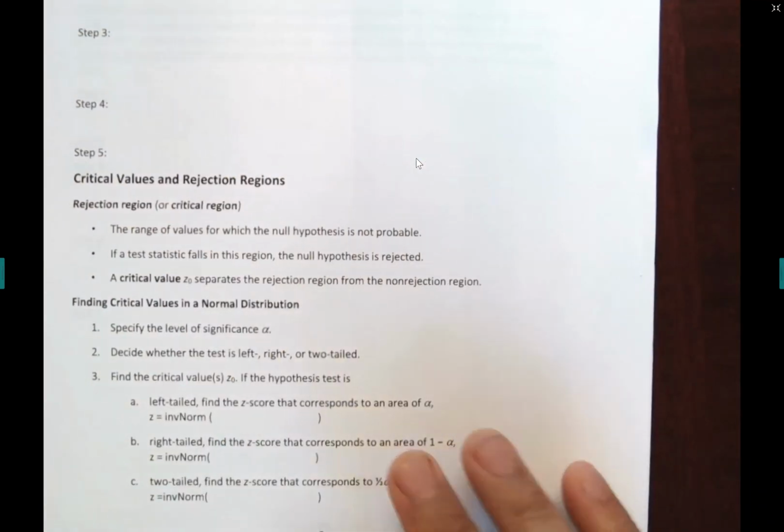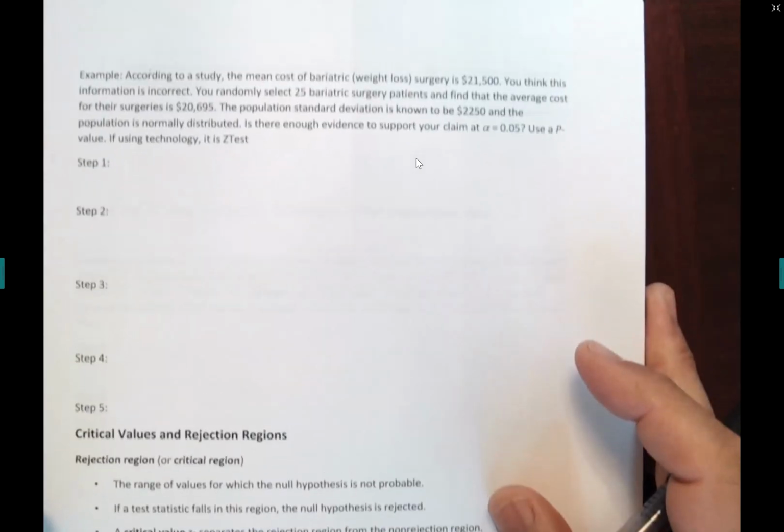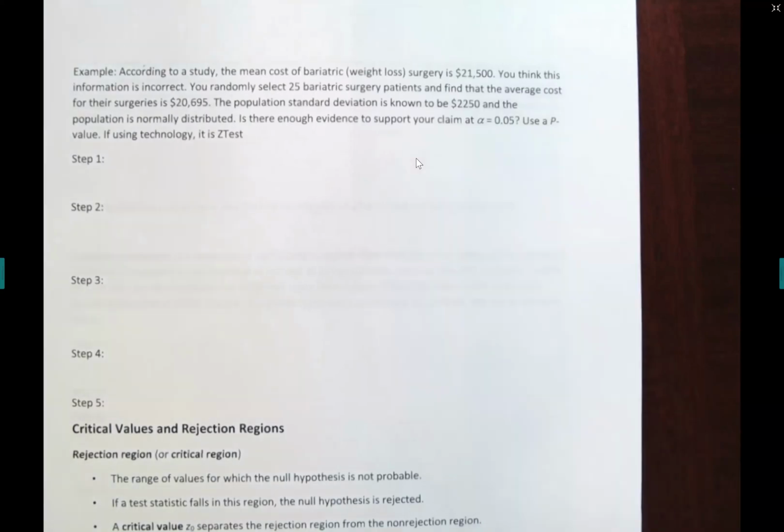Okay, I'd like you to have your calculator handy, guys, and work with me on this exercise. According to a study, the mean cost of weight loss surgery is $21,500. You think this information is incorrect.